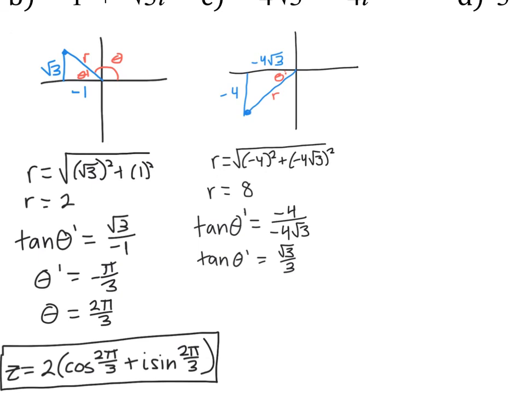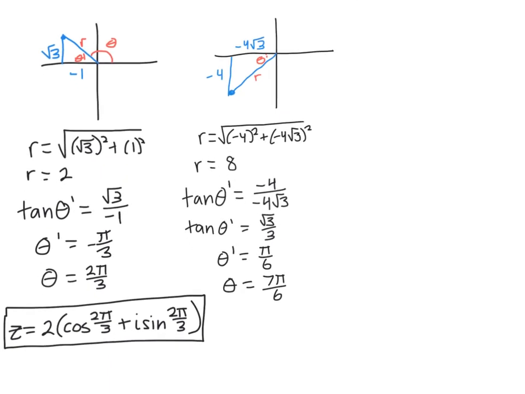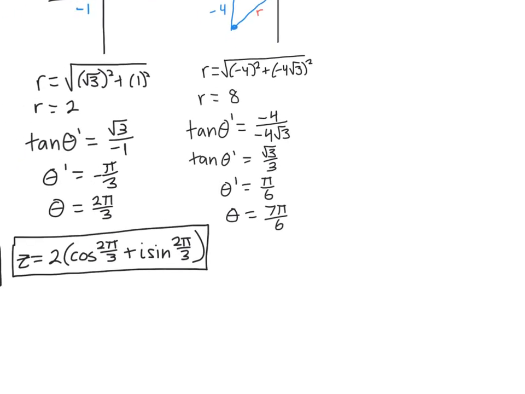So here we know that theta prime is pi over 6, but again, we want this entire angle, so our argument theta is going to be 7 pi over 6. And now we just substitute those two things into our polar form. So z equals r, which is 8, times the cosine of 7 pi over 6, plus i times the sine of 7 pi over 6.